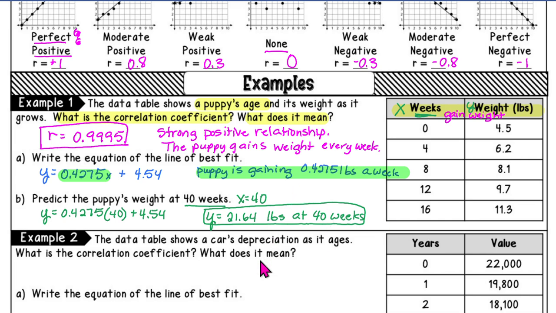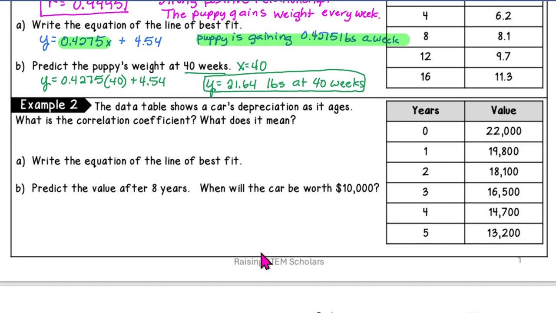Okay, let's look at the next one, and let's think about what's happening here. And here again, if I'm going too fast, just pause it, because of course I'm recording ahead of time. This one shows a car's depreciation. Let's think about what that word depreciation means. That means the value goes down.